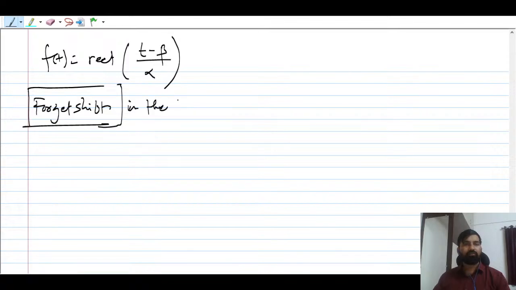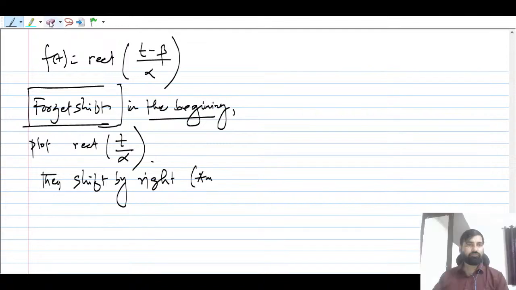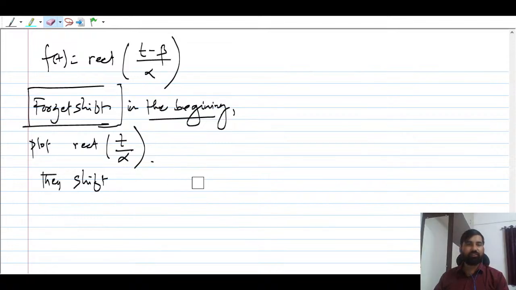In the beginning, plot, then shift by beta. Right shift, you can say.